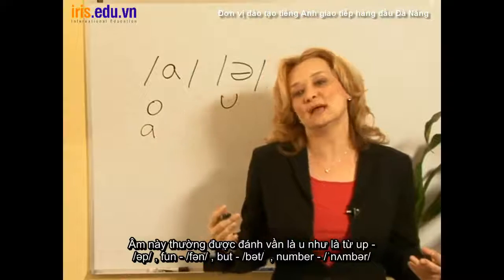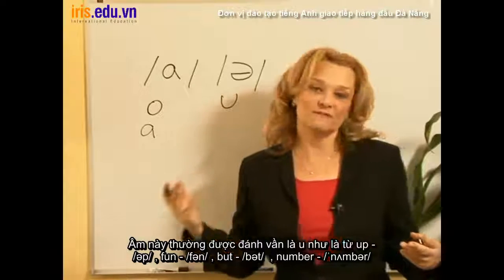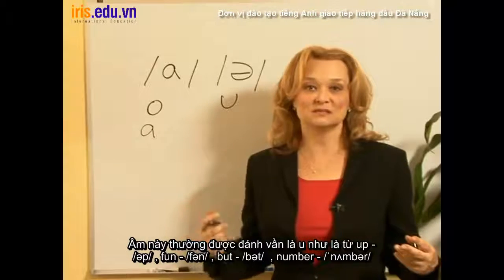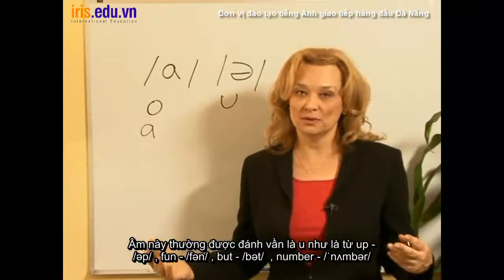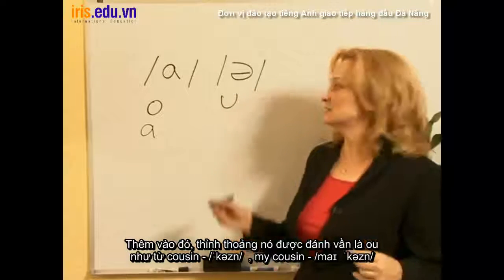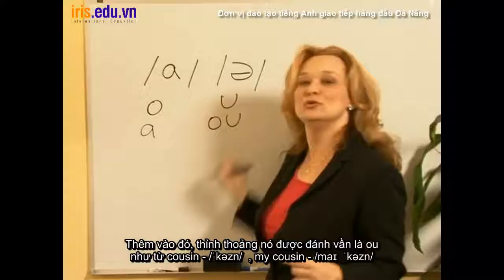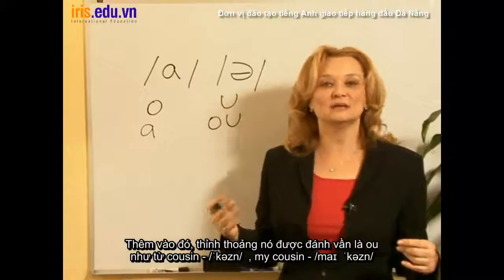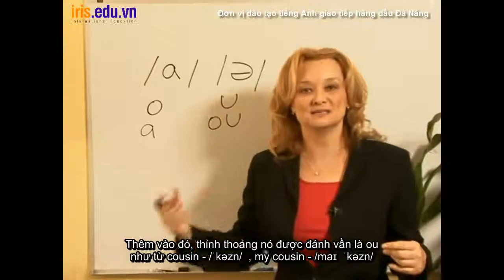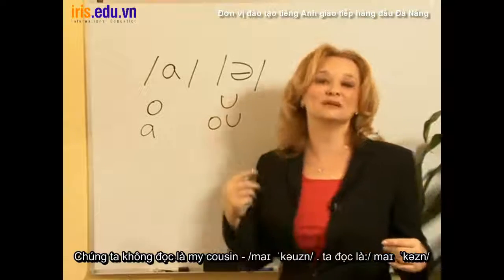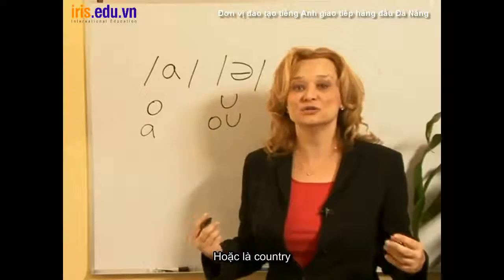as in the words like up, fun, but, number. But also, sometimes this sound is spelled with OU, as in words like cousin, my cousin. We don't say my cousin, we say my cousin, or country.